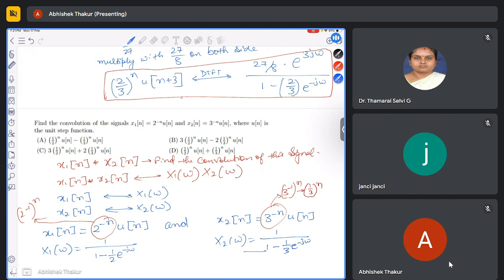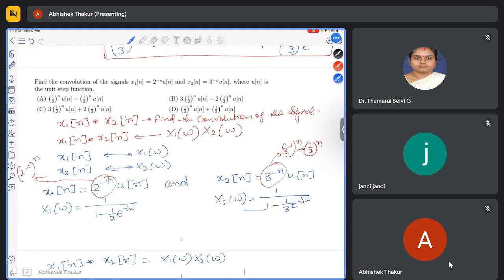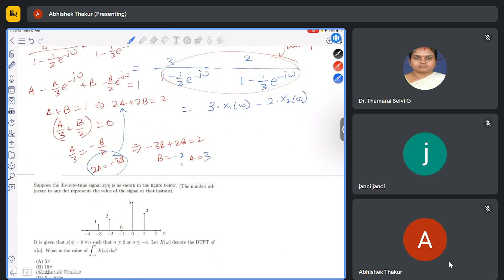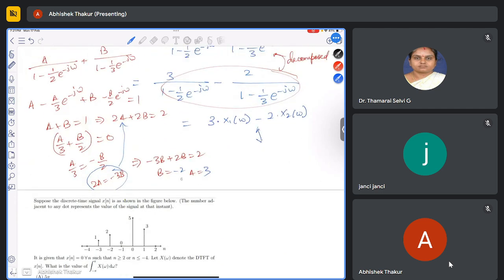And using linearity, the linearity property, the inverse DTFT will be 3 x1 of n minus 2 x2 of n.